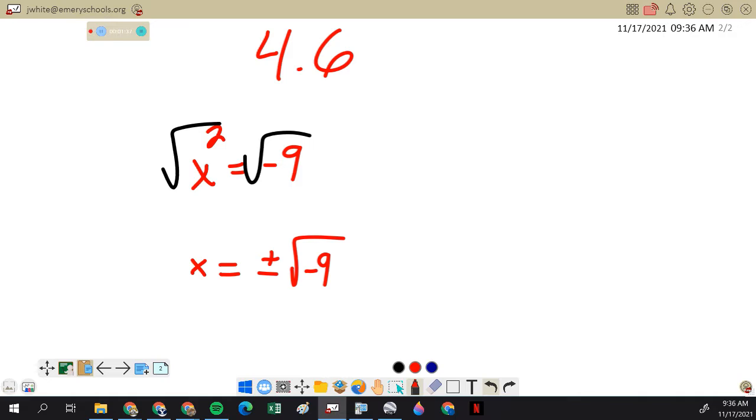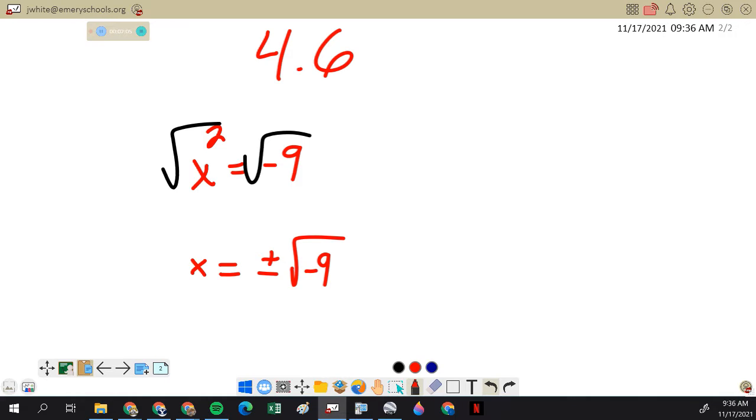Back to math. So what number times itself is negative 9? There isn't one, right? 3 times 3 is 9. Negative 3 times negative 3 is still 9. So what about 3 times negative 3? That's not the same number, right? So for a very long time in mathematics, we just said no solution.